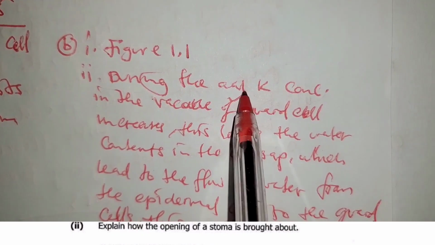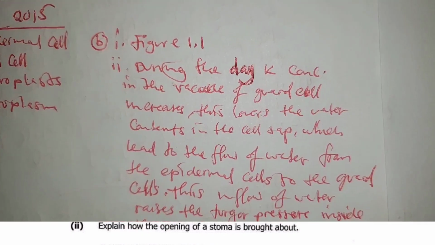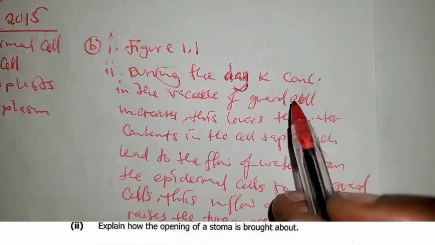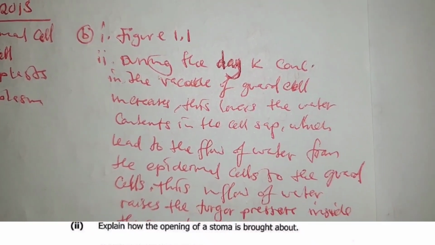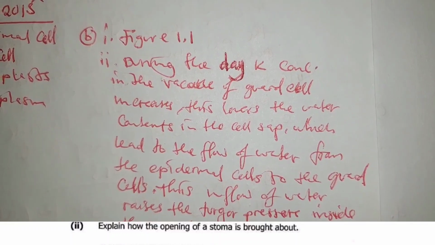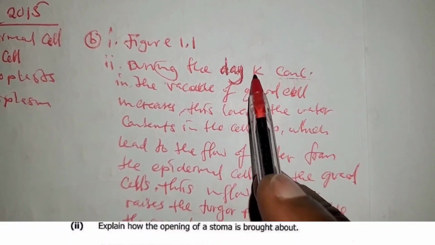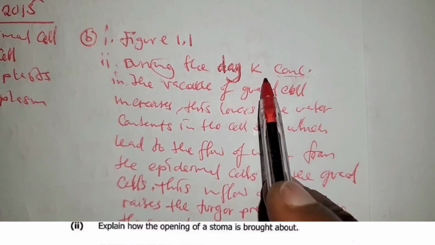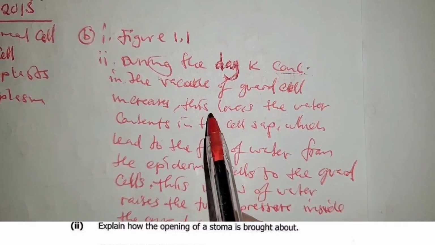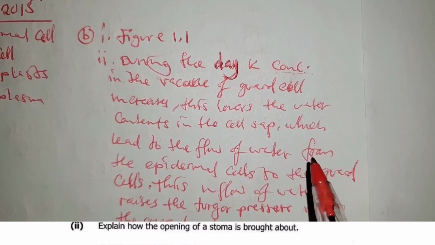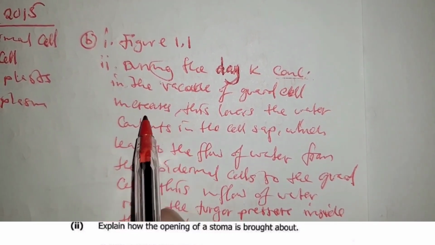during, so I've just abbreviated K here. So we can say during the day, potassium concentration, okay? Potassium concentration, this is the short form of concentration. I've just written K for potassium. So during the day, potassium concentration in the vacuole of guard cell increases, okay?